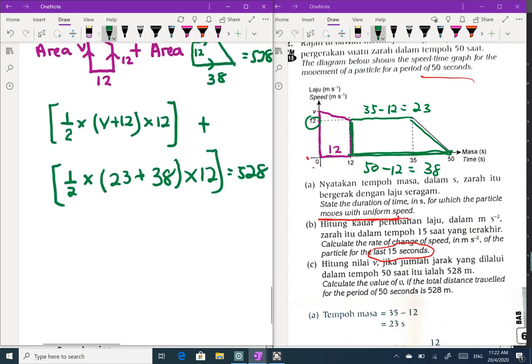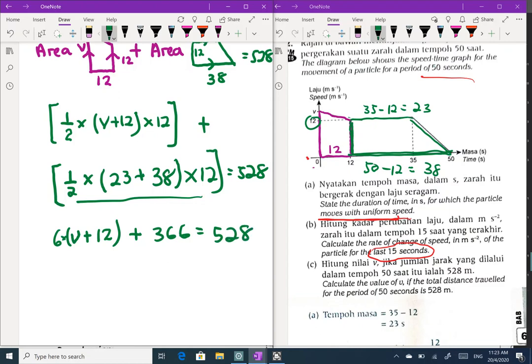Okay, simplify the equation. 1 over 2 times 12, you get 6V plus 12. Plus, using your calculator, calculate it, you will get 366 equal to 528.